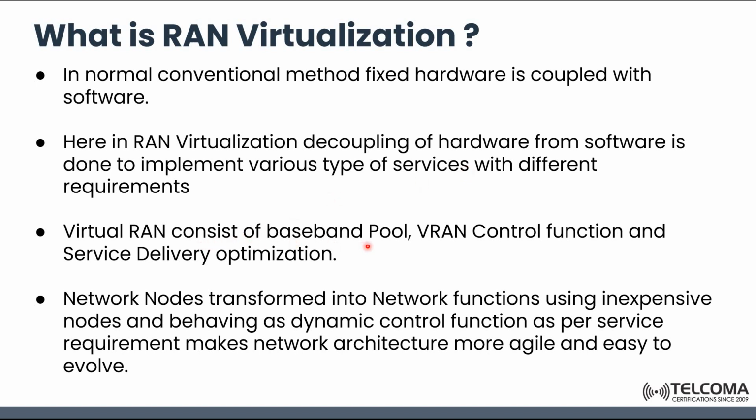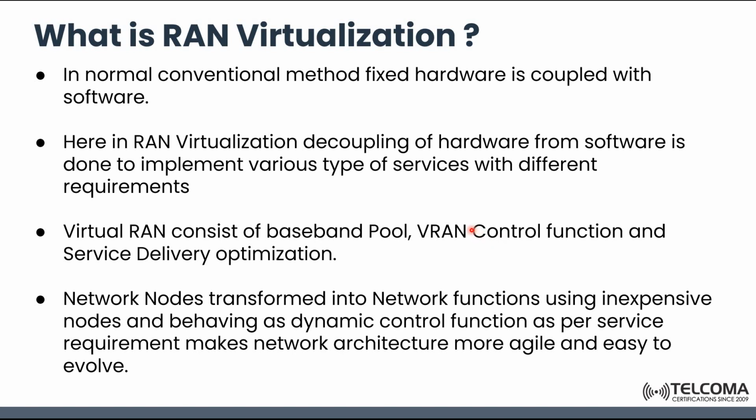So virtual RAN consists of a baseband pool, vRAN control function, and service delivery optimization. So what three do we have in virtual RAN? We have a baseband pool, as we need the baseband functionality. We have a vRAN control function, which is basically controlling the functionality of the overall vRAN. So what needs to perform what, that is told by the vRAN control function.